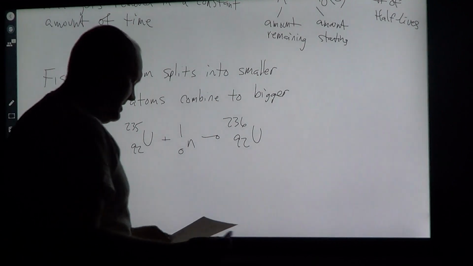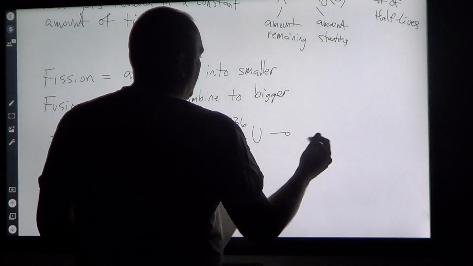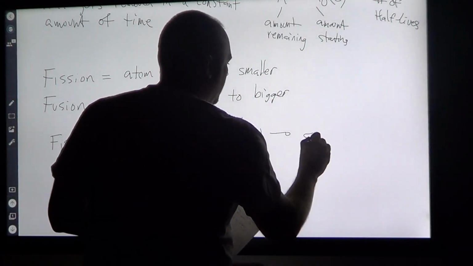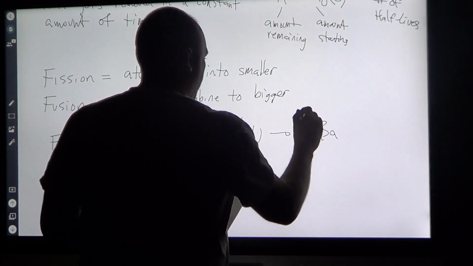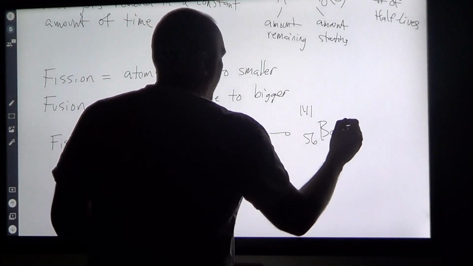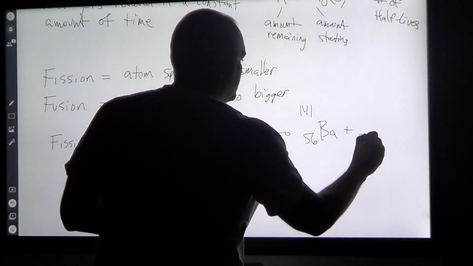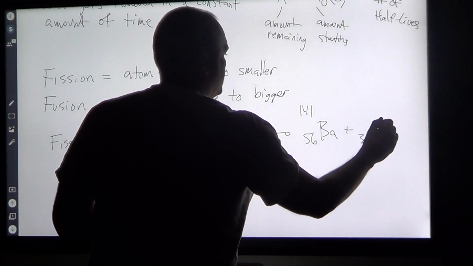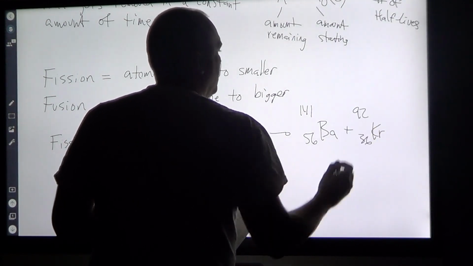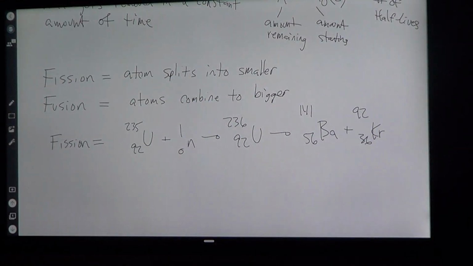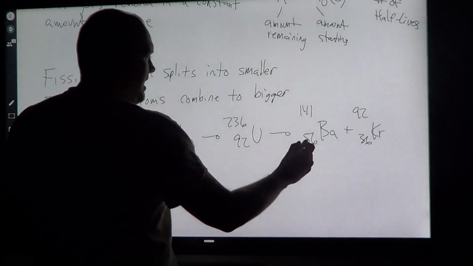And what happens is, the way it rips itself apart, you get 56 protons in one particle, which is a barium. And you also get 36 protons, which is krypton, with a mass of 92. And you'll notice there's a problem with this because we do have 92 protons.